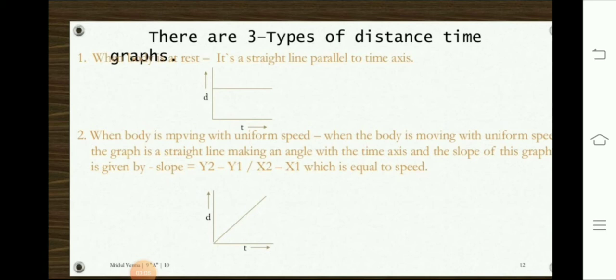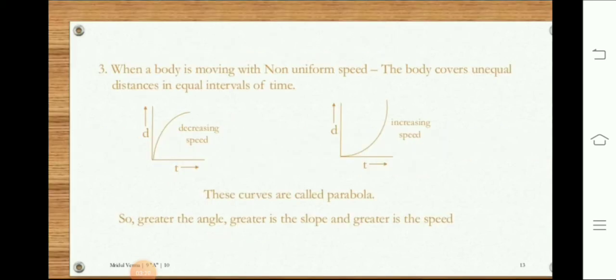Using the formula you can find the slope of the graph, and the slope gives the speed of the object. Then, when the body is in non-uniform motion, it will give a curve, either decreasing speed or increasing speed. So greater the angle, greater the slope, and greater the speed.